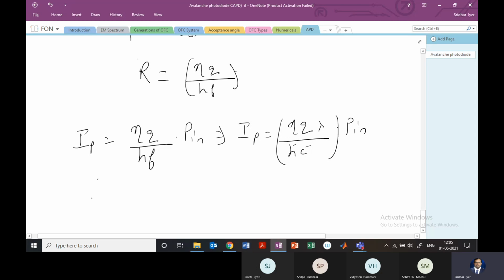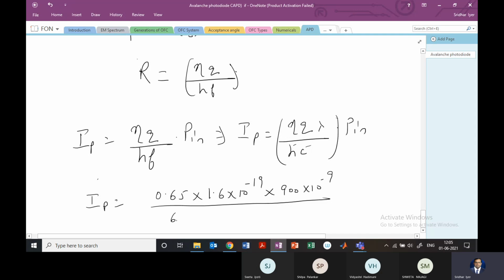I'll just write the values. IP will be eta, the quantum efficiency, which is 65%, so 0.65, into Q into lambda, which is 900 nanometers, divided by H and C, and Pin, which is 0.5 microwatt. So here we have IP. Once you have IP, you can plug that into the equation.